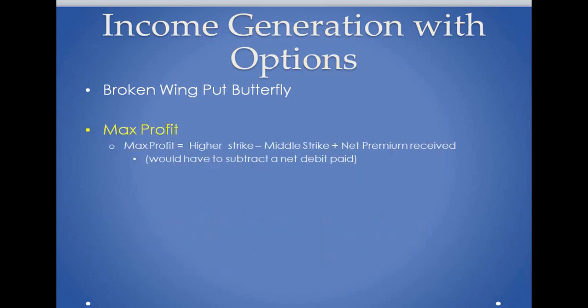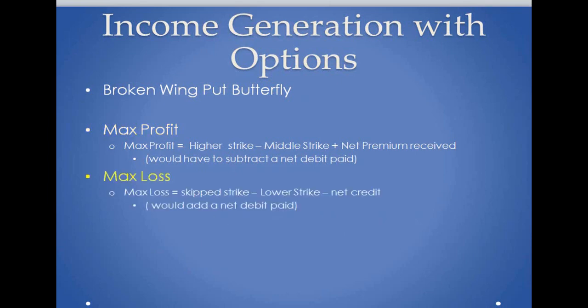The max profit on the broken wing put butterfly that's out of the money is equal to our higher strike minus the middle strike plus the net premium received, and our max loss is going to be the skipped strike price, the one that's not in the strategy, minus the lower strike minus the net credit.